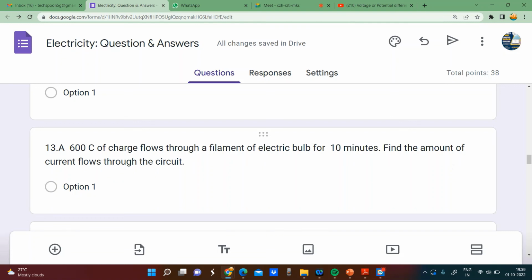First you write down the question and write down what are the things given. You understood the concept, what is electric current, then you will write it.